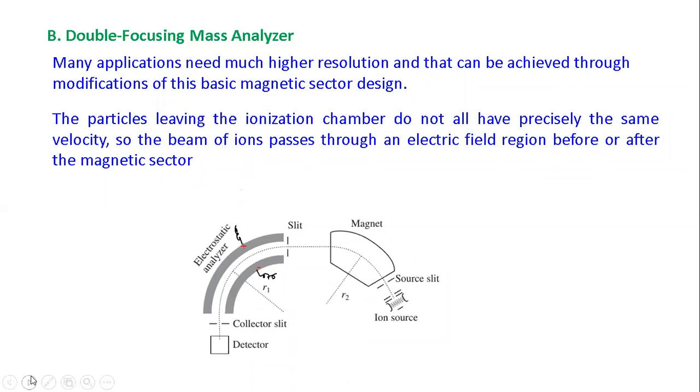Now that field can be added before the magnetic sector, or it can be added after the magnetic sector. You have the option, but generally we see first the magnetic field where you are going to apply, that part will be there, and then the later part the electric field system will be there.